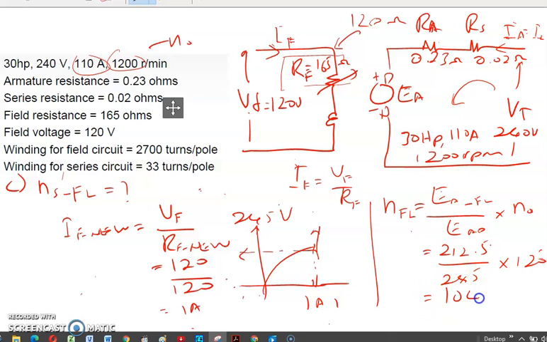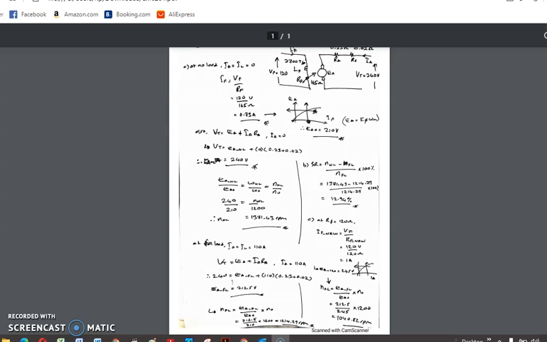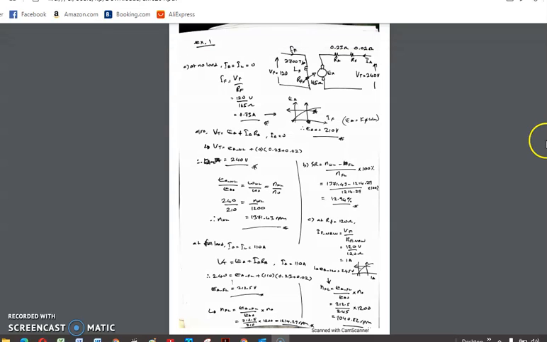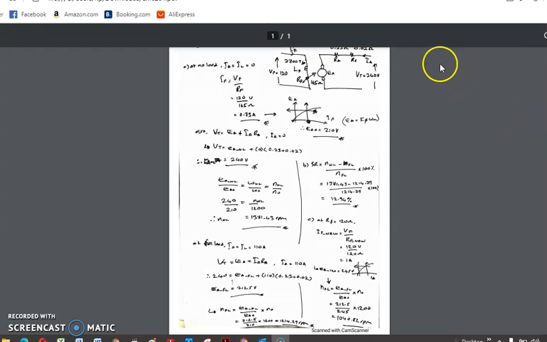So this is the new speed of the motor at full load condition when the adjustable RF is reduced to 120 ohm. In general you can pause this screen and write down, or you can duplicate this answer to your sheet.